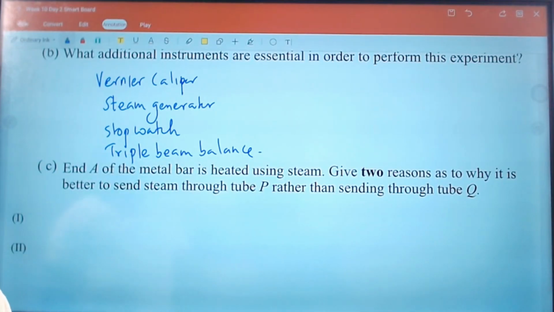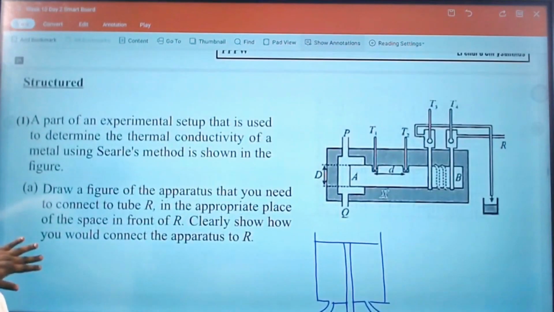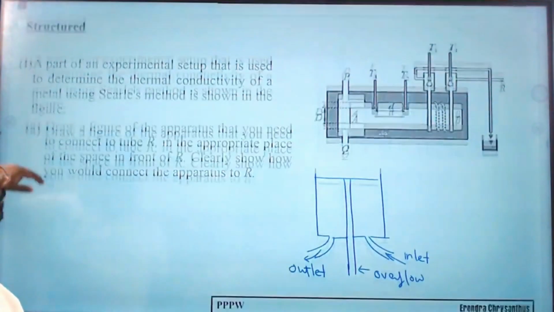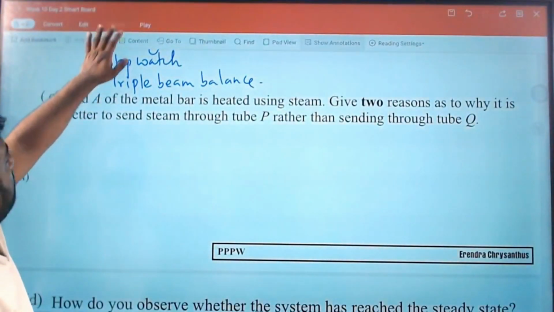End A of the metal bar is heated using steam. Give two reasons as to why it is sent through P rather than through Q. So why are you sending it through the top? Very simple.